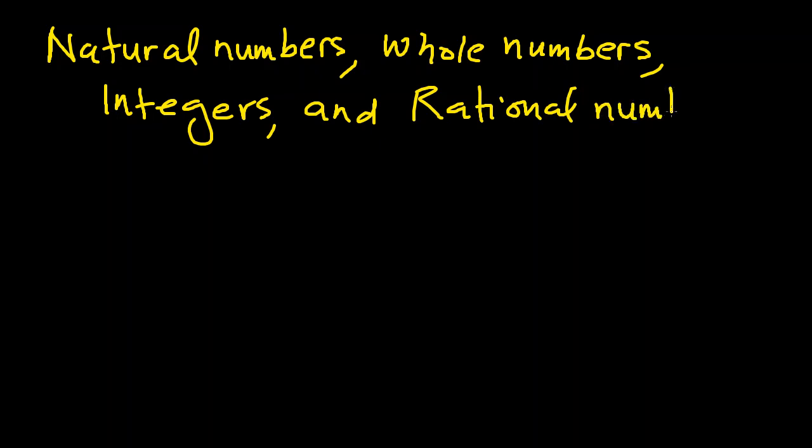And you might be wondering what the difference is between these terms. Well, in this video, I'm going to clarify the difference between each and every one of these terms.